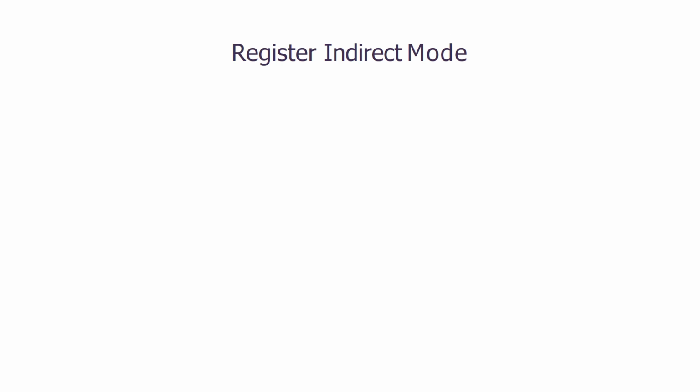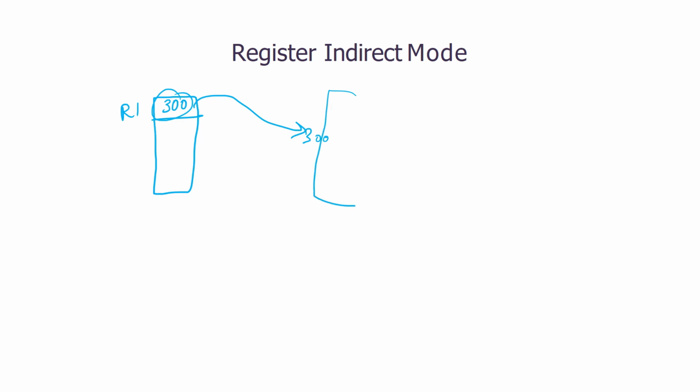Now in the register indirect mode, let's see one more example. Suppose this one is the R1 register having the value 300. Now this is the effective address, so we have to go to that location and get the actual value of the operand. So at that 300 we have a value of 400 in the memory. So how to write this?